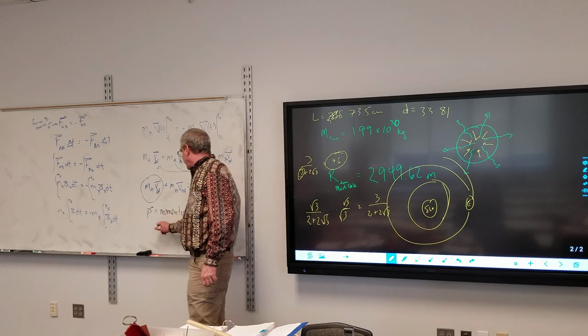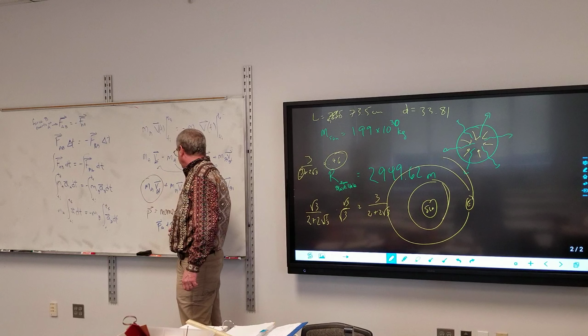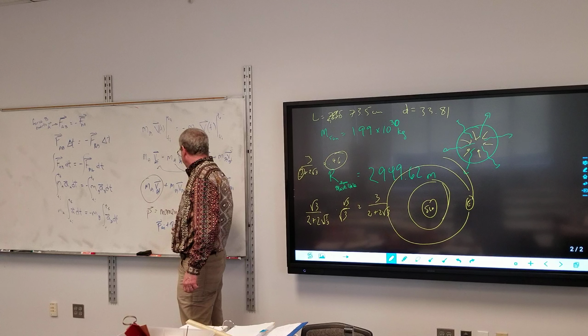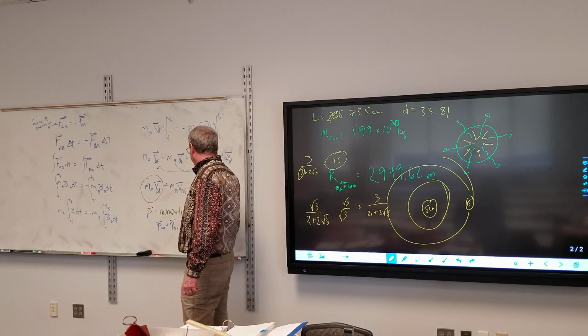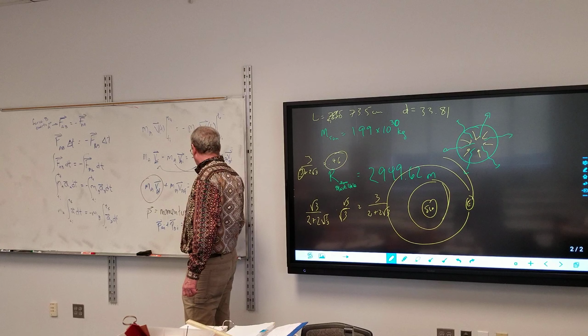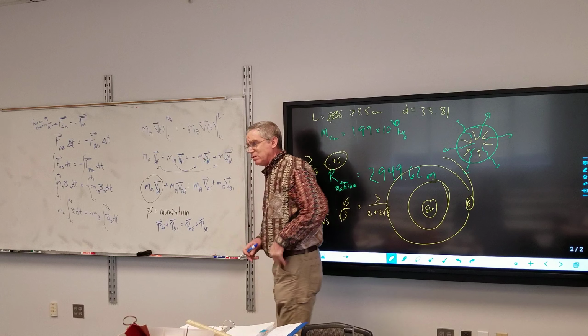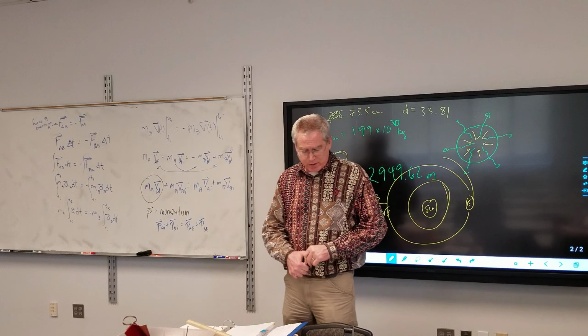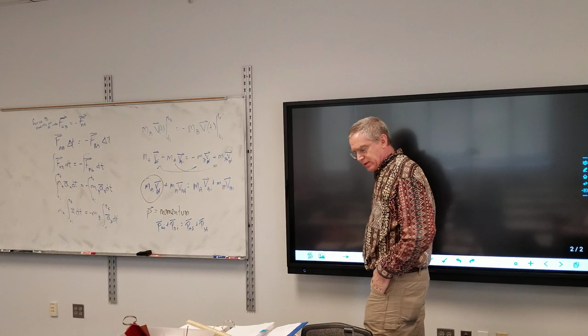So we can write this as p_A initial plus p_B initial is equal to p_A final plus p_B final. Since this is a two-particle system, we can expand that into however many particles you want.